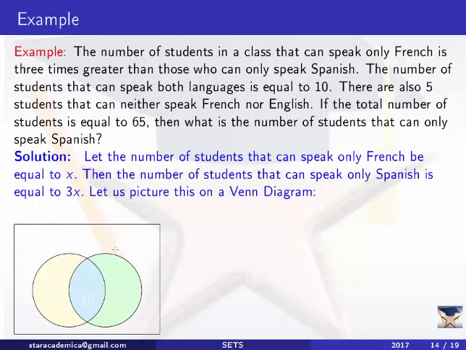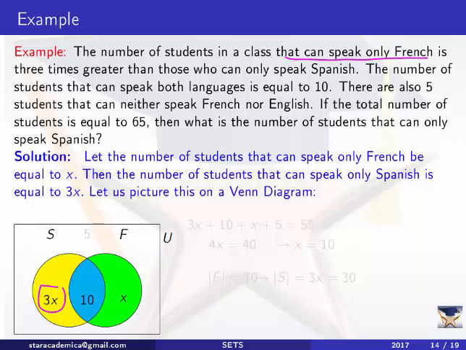Okay, here is our diagram. Call this S, call this set F. What does the question say? It says that we have 10 students who speak both French and Spanish. Great. Those who speak only French are 3 times greater than those who speak only Spanish.